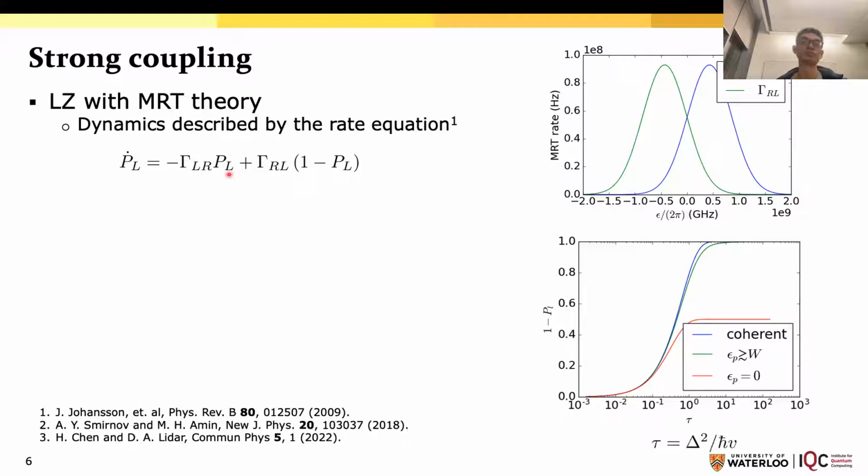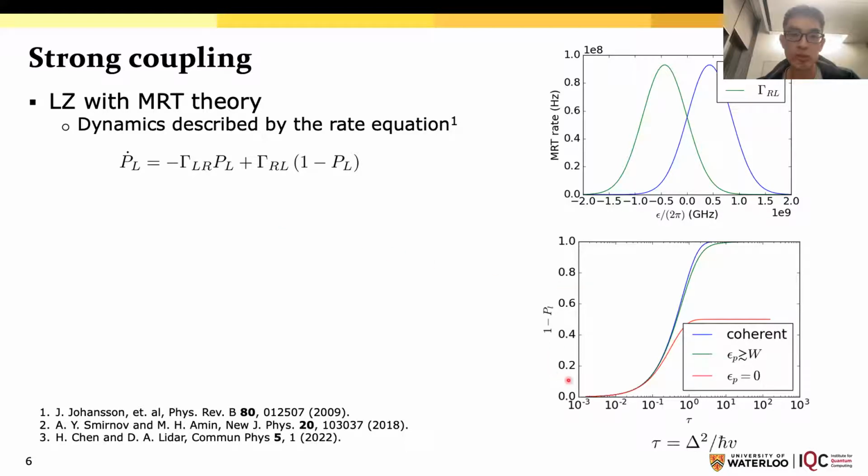So to find the final transition probability, you'd only need to integrate the left to right transition rates.